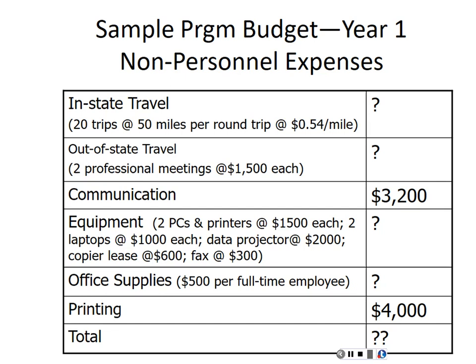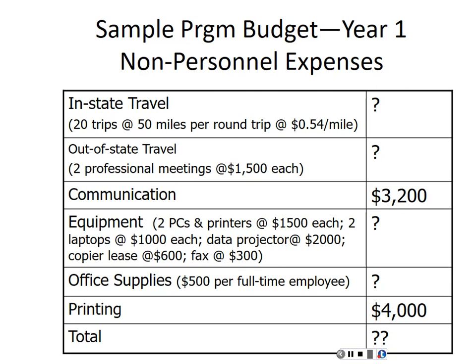So we estimate the average miles per round trip to and from our main location, which is Johnson City. We estimate the number of trips that our staff will be making each year. And we know, okay, what is the rate per mile. This is published information, okay, that's available online. The current per mile rate.